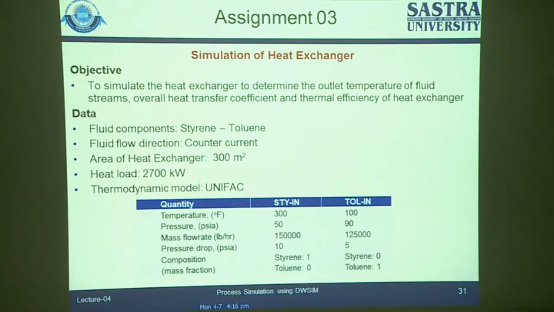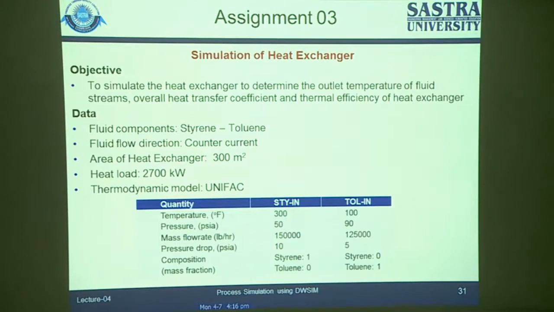Instead, we want to use a heat exchanger. If you recollect, in assignment 2 we used 2 blocks, a heater block and a cooler block. Now, instead of using a heater block and a cooler block, we want to use a heat exchanger and do the simulation.